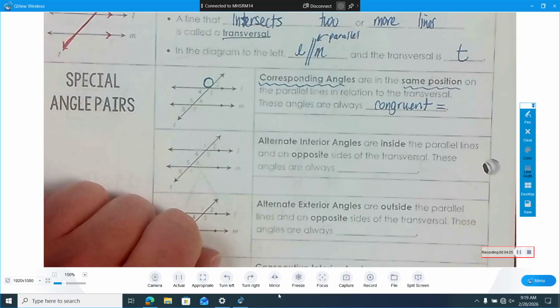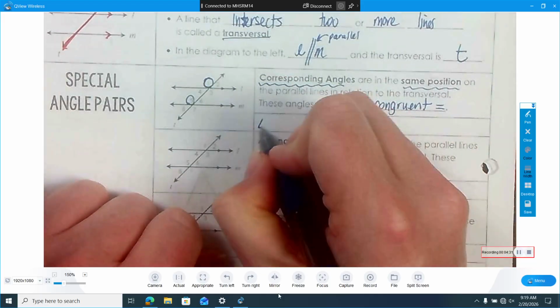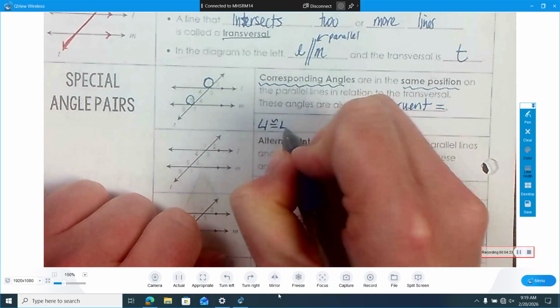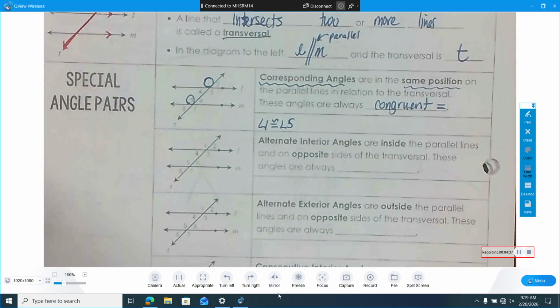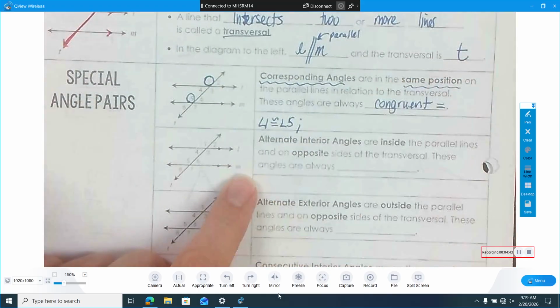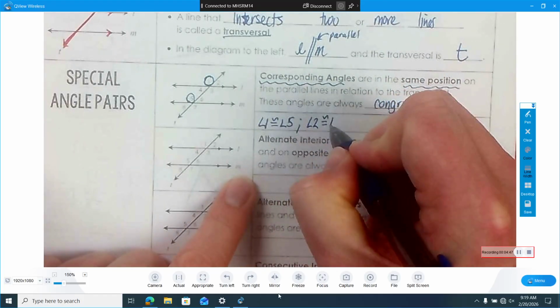What other angle's in a top left position? 5. Yep. Angle 1 is congruent to angle 5. Those are corresponding angles. They are in the similar position. Give me another pair that are in a similar position. 2 and 6. Angle 2 is congruent to angle 6.